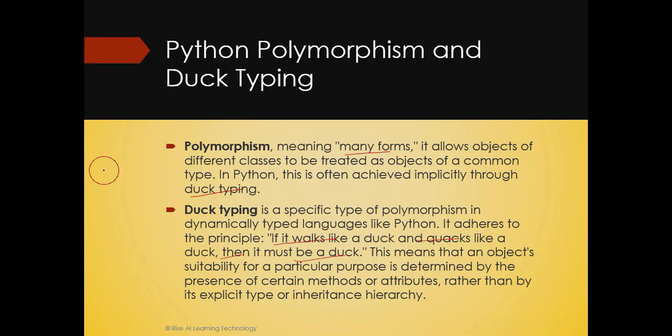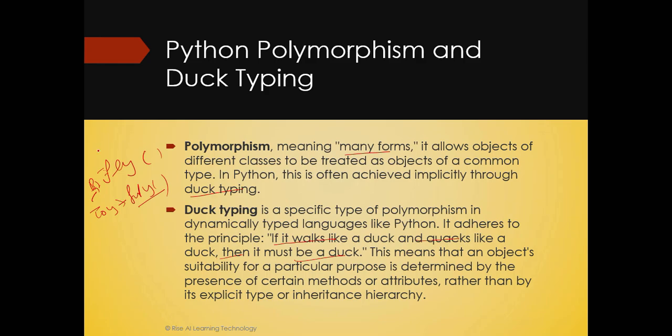If I say fly, a bird can fly. Suppose a bird class has a method called fly, and a toy can also fly. A toy class can also have this method fly. A drone is flying, or we have children's helicopters, which are also flying.